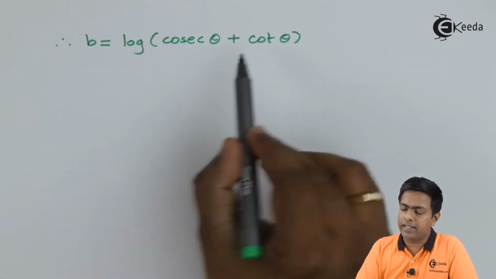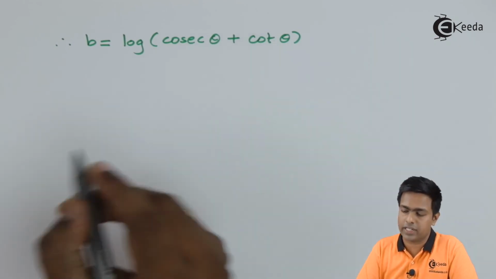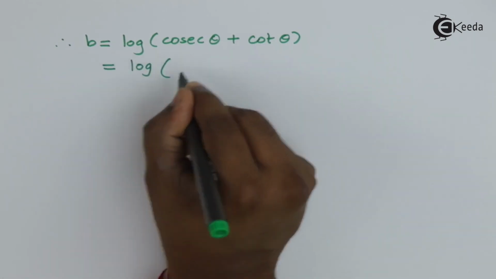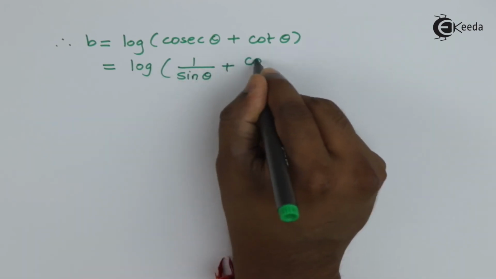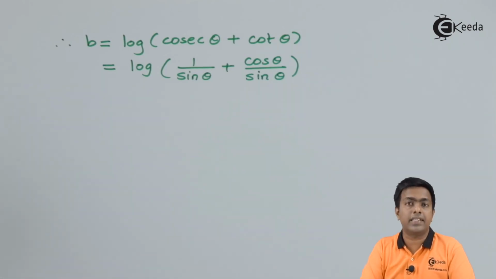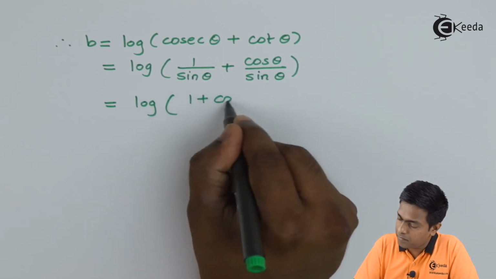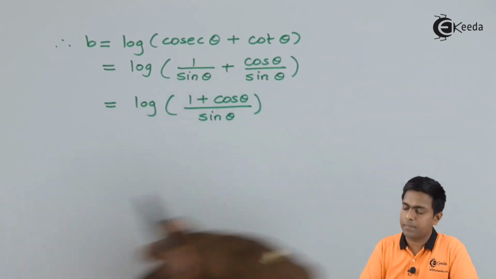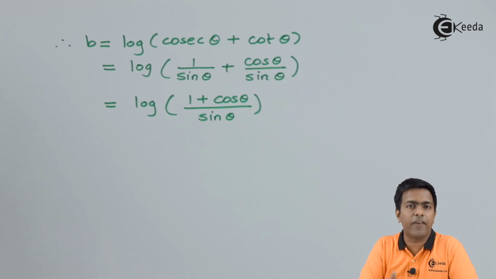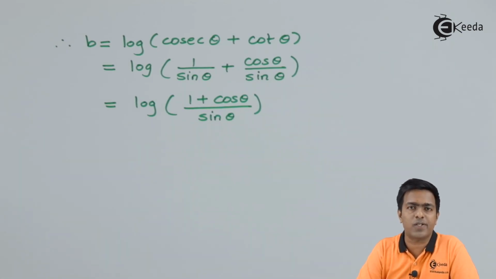Now guys, let's simplify this value. Cosec theta is 1 upon sin theta, and cot theta is cos theta upon sin theta. So we'll get, with sin theta as the common denominator, 1 plus cos theta upon sin theta. Now let's simplify it further. The formula for 1 plus cos theta is 2 cos square theta upon 2. Similarly for sin theta, I'll substitute 2 sin theta upon 2 into cos theta upon 2.